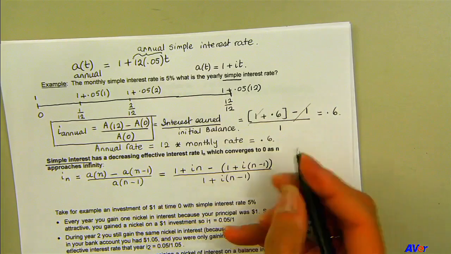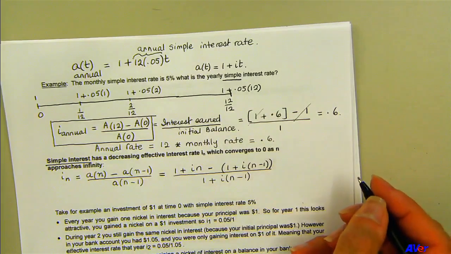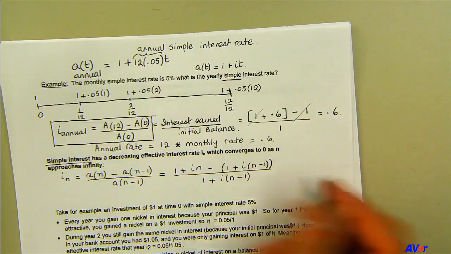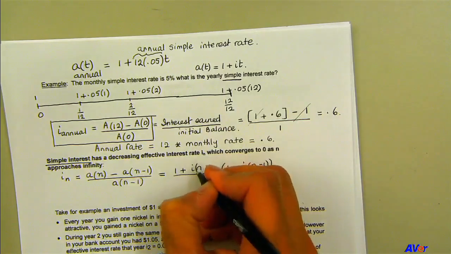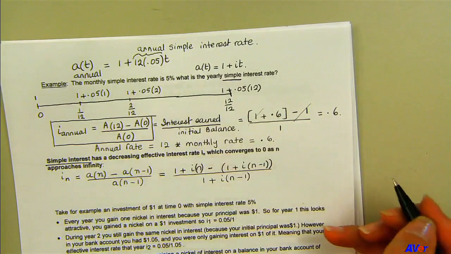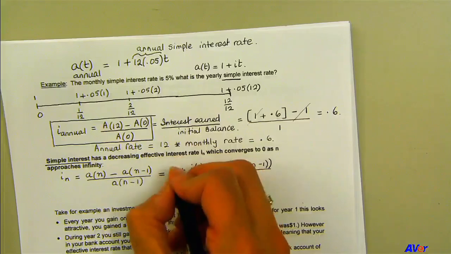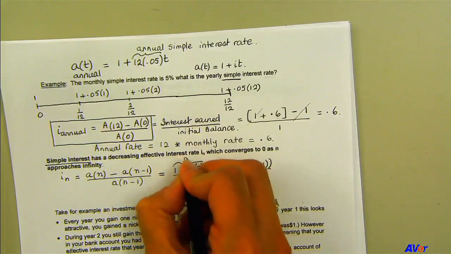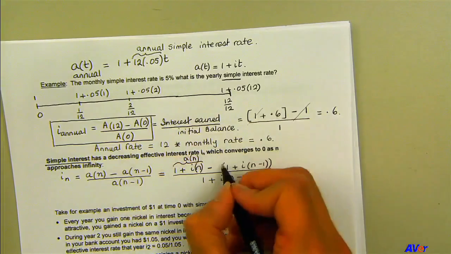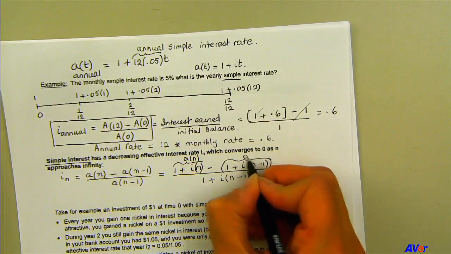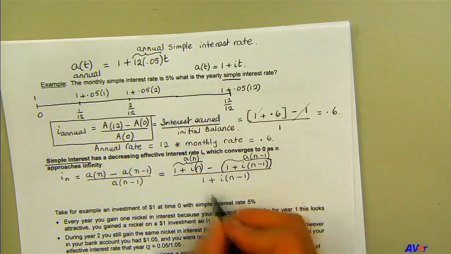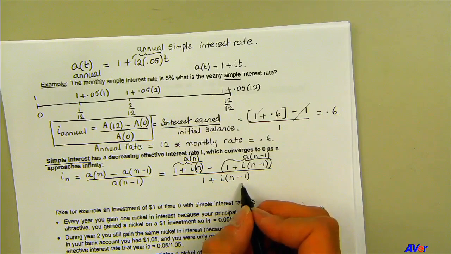I'm using A of t equals 1 plus It, right? So these are multiplied, right? 1 plus I times n, that's A of n, minus A of n minus 1, divided by A of n minus 1.